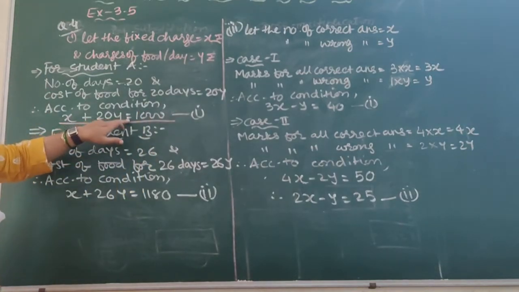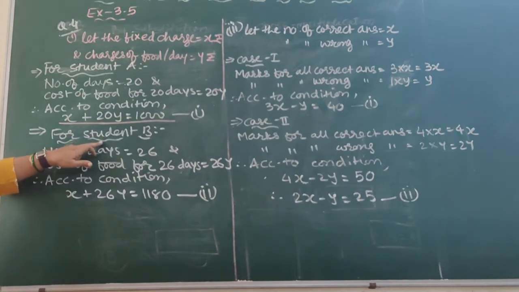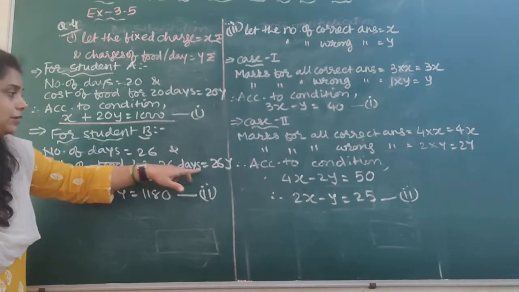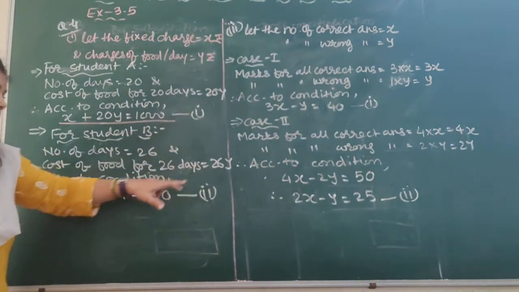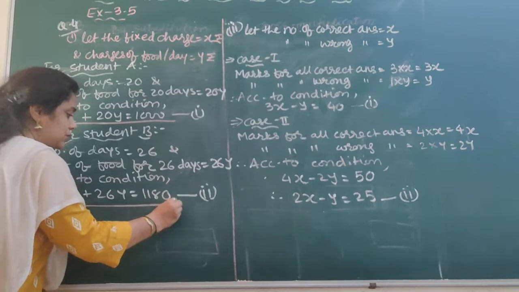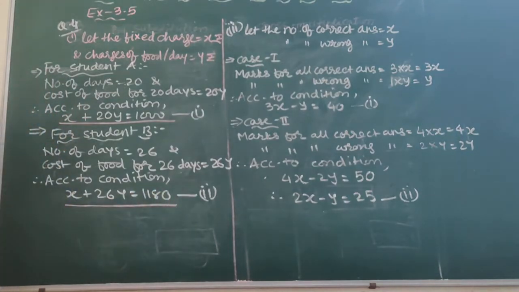This is our first equation. Similarly, you will get the second equation for student B, as she stayed for 26 days, the cost of food for 26 days is 26y, and she pays 1180. Therefore, x plus 26y is equal to 1180.